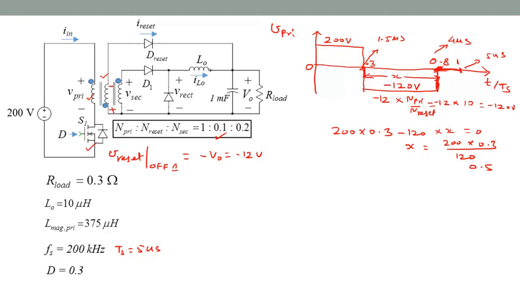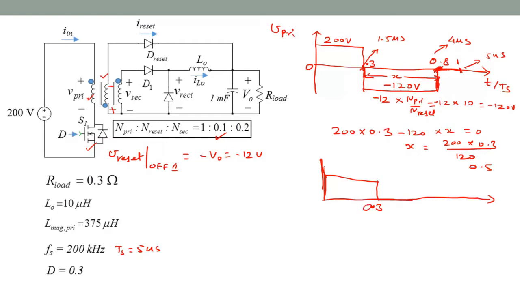Then the next waveform that was requested was V rect, which we actually drew in the previous slide as well. So just go ahead and draw it again, just to complete part B. This is the on interval 0.3.